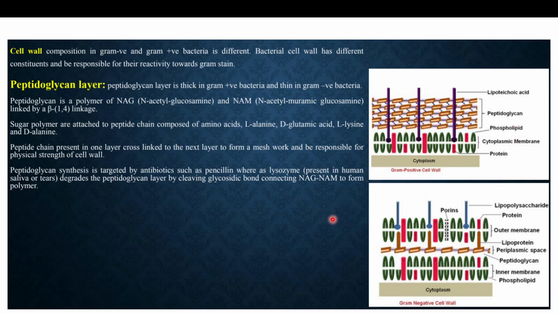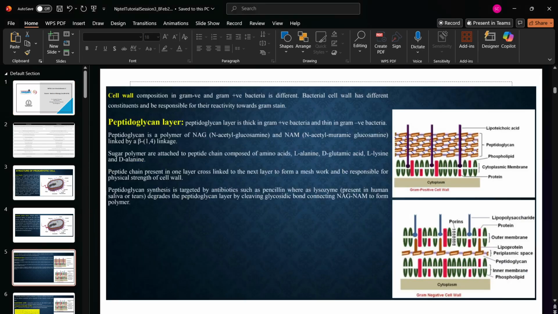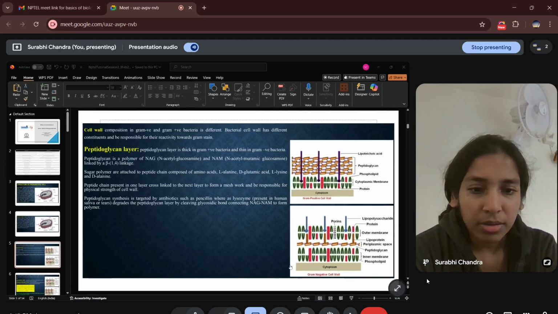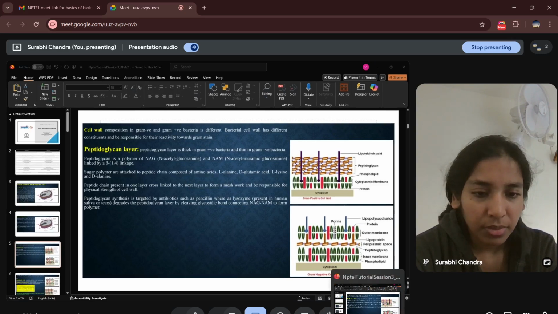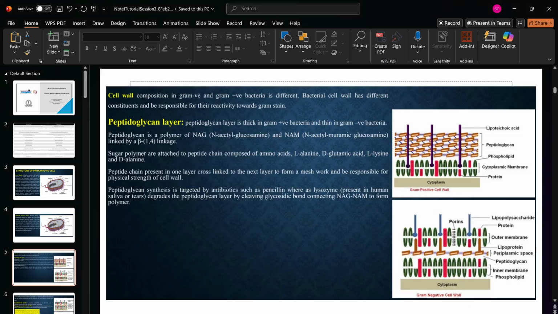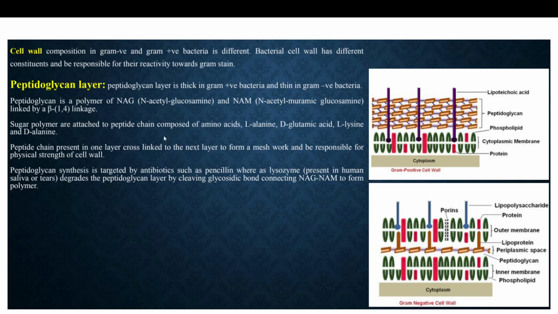And the cell wall composition in gram negative and gram positive bacteria is different, and that eventually gives it the ability to retain the gram stain or not. Okay.